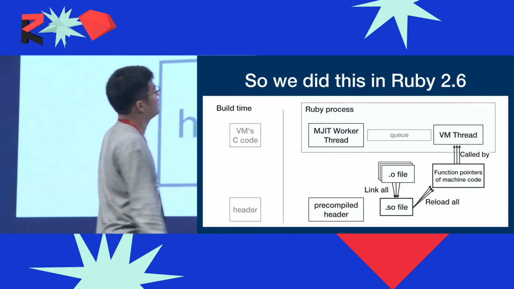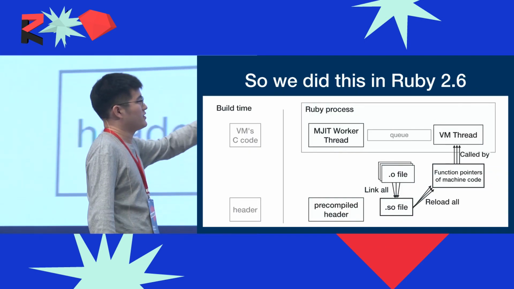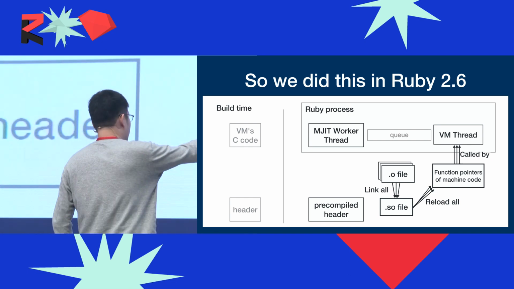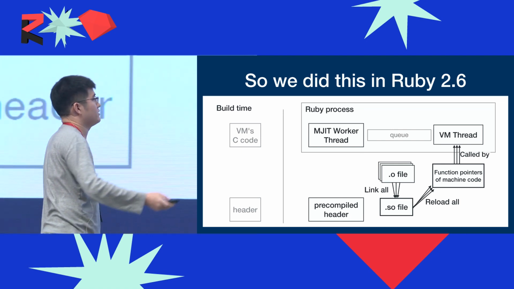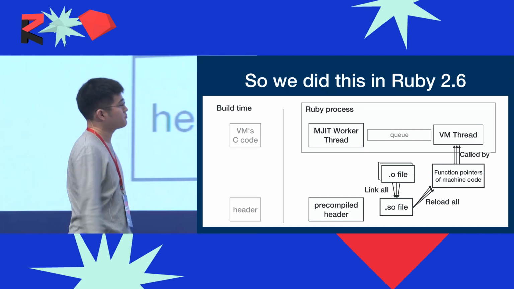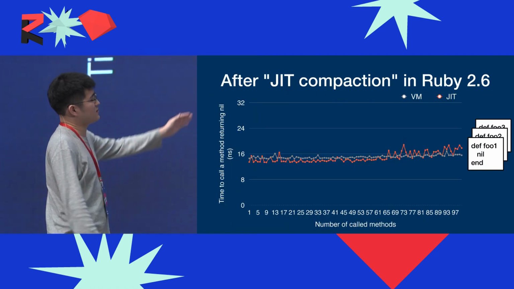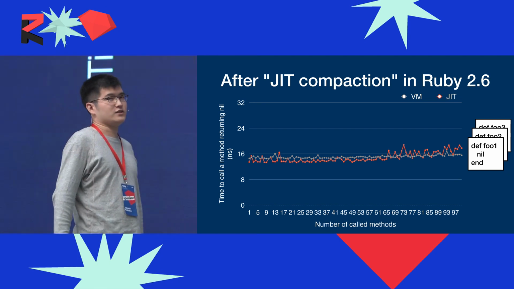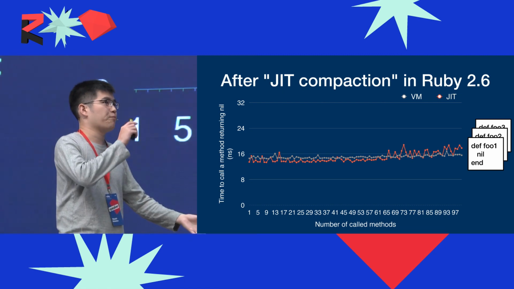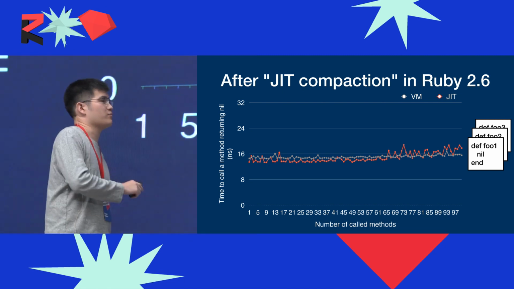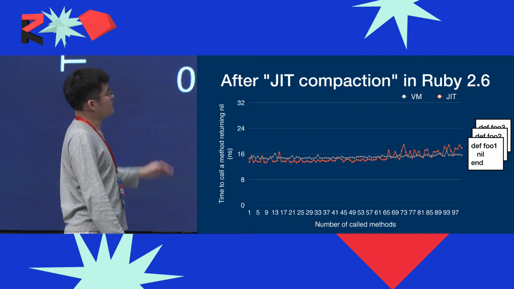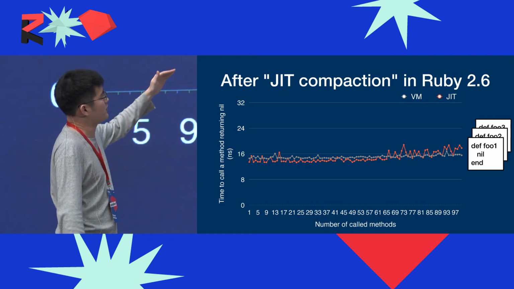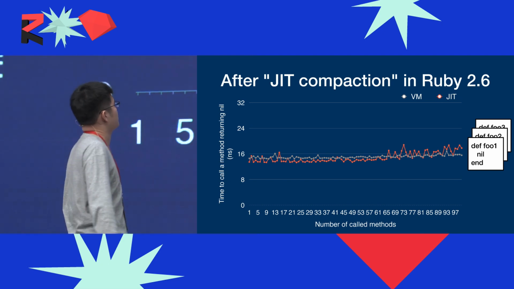As I said before, there's a mechanism called JIT compaction, which links all the .o files into an .so file and reloads all native code. By doing that, it significantly improves the locality of the JIT memory. So it improves performance a lot here, but it's still a little slower than the gray virtual machine version.